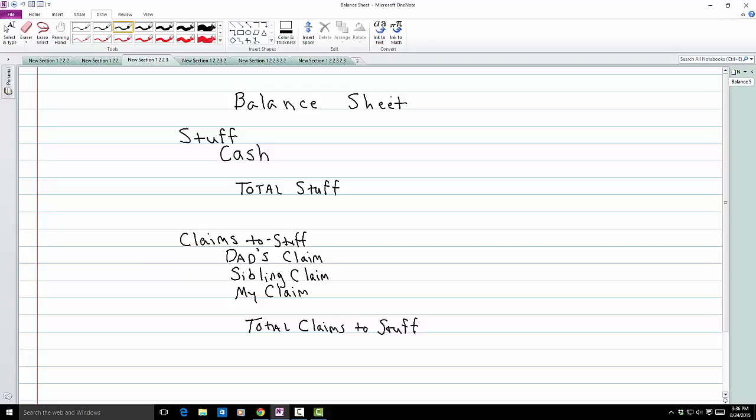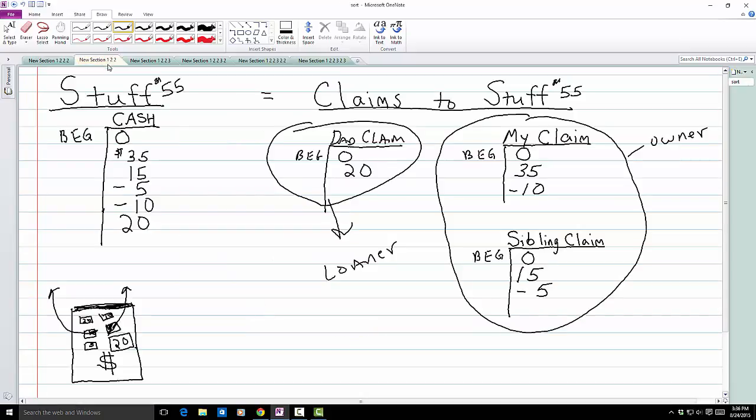So you can see I've got a simple balance sheet set up here for our money bucket. I have stuff, I have claims to stuff, and then below that I've listed all the different accounts that we have. The only stuff we have right now is our bucket full of money. According to our second video, if we look at all the money that came in and went out, the ending balance in our bucket was 55 bucks.